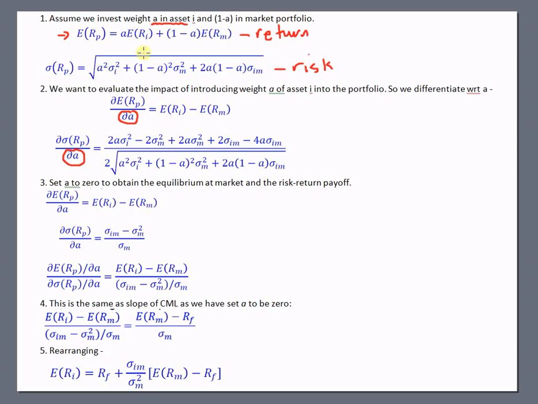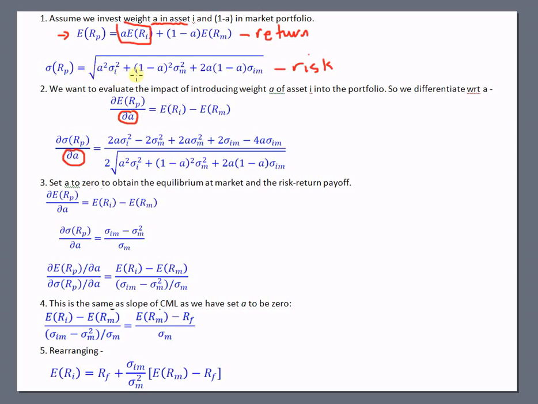Okay, because A is a variable, this term will bring out the constant E, expected return of the individual asset. We bring out the constant expected return of the market asset here. Okay, using a chain rule, we also differentiate this term.